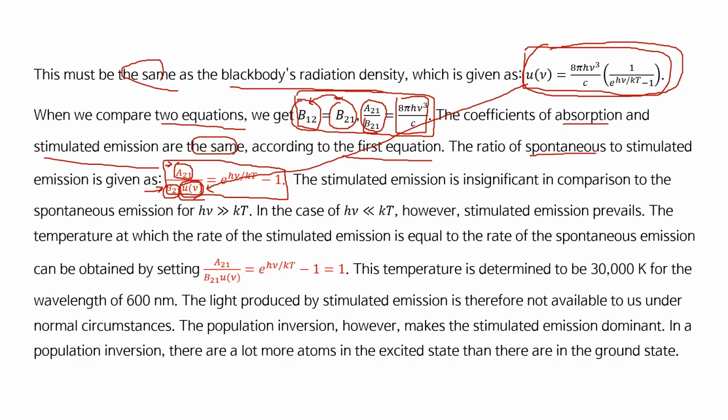And the ratio of two coefficients is given by this relationship, so we can put that here. Then this term is cancelled out, so we can have this equation.